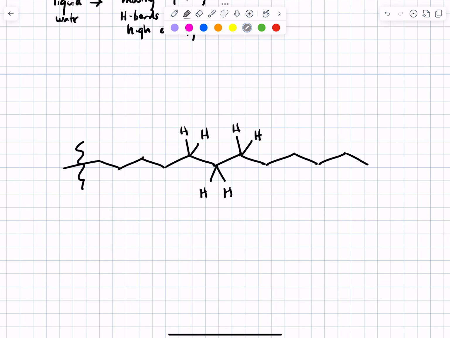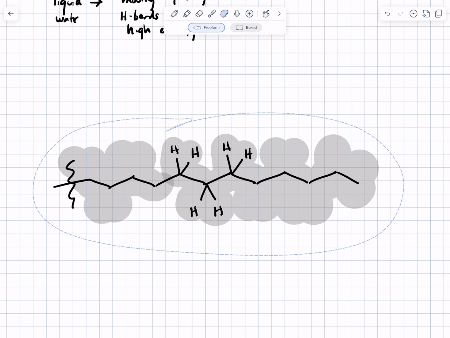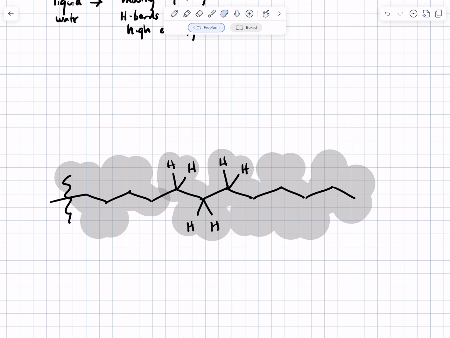So there's not a huge amount of delta plus on those hydrogens. So I'm just going to draw the structure. I'm going to imagine where the electron density is for this nonpolar tail, okay? A lot of nonpolar surface area. And those CH bonds are not really capable of hydrogen bonding.